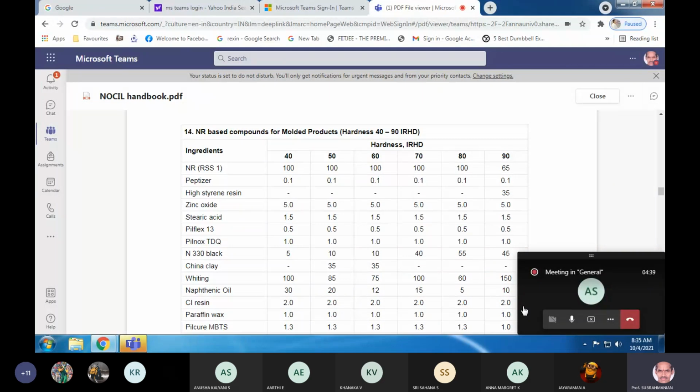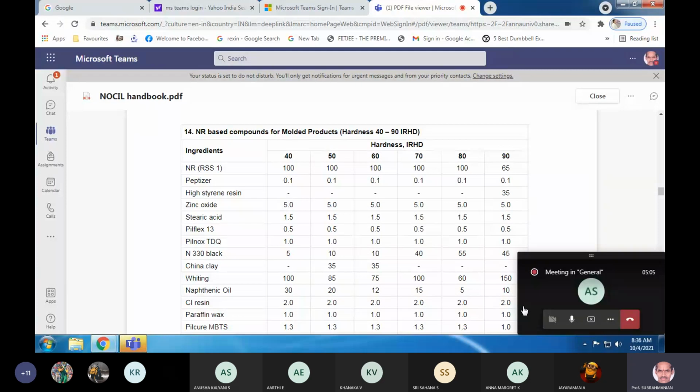Hardness for the user is necessary for a number of reasons. We will look into all that at the right time. And all we know as of now is hardness tells you what is the amount of solid character that product will have. Of course, rubber comes with a good amount of flexibility.